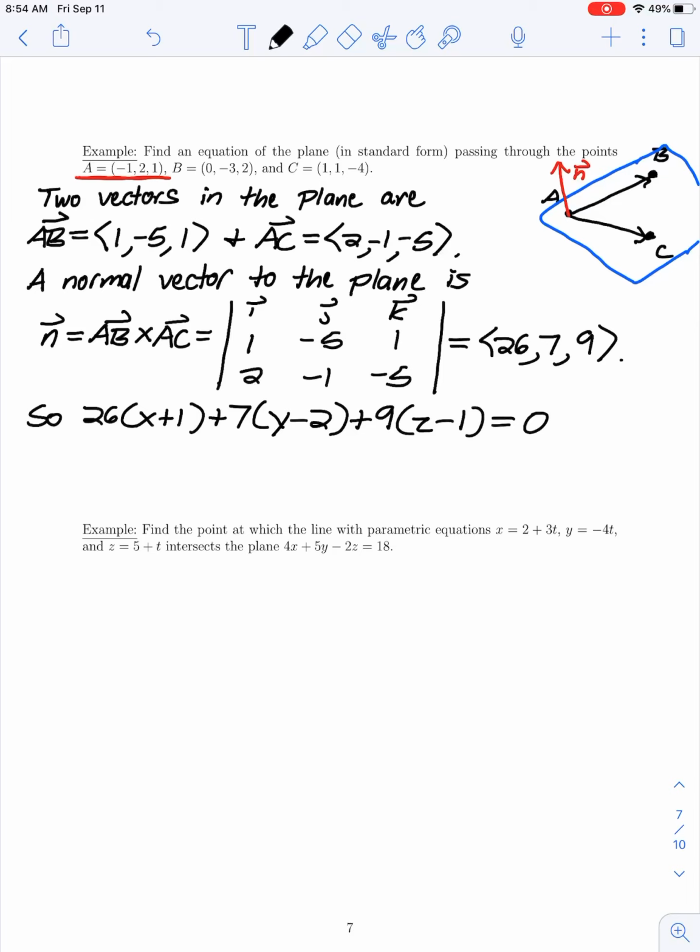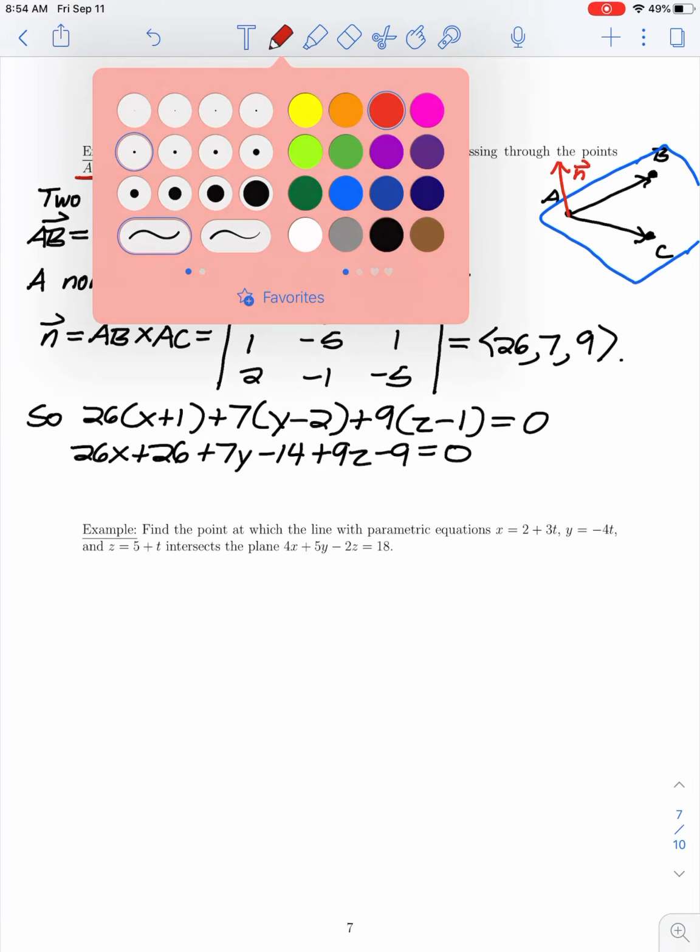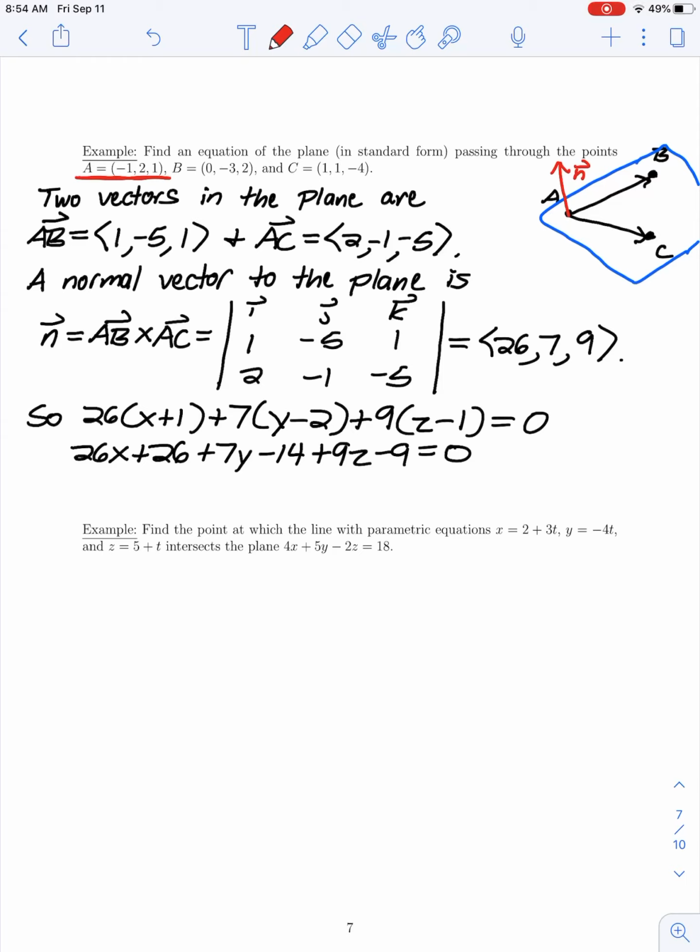Now, to express the equation of this plane in standard form, we need to distribute all of our constants. So we would have 26x plus 26 plus 7y minus 14 plus 9z minus 9 is equal to 0. And then we'll group all of our constants together. So here we had 26 minus 14 would be 12, minus 9 would be 3.